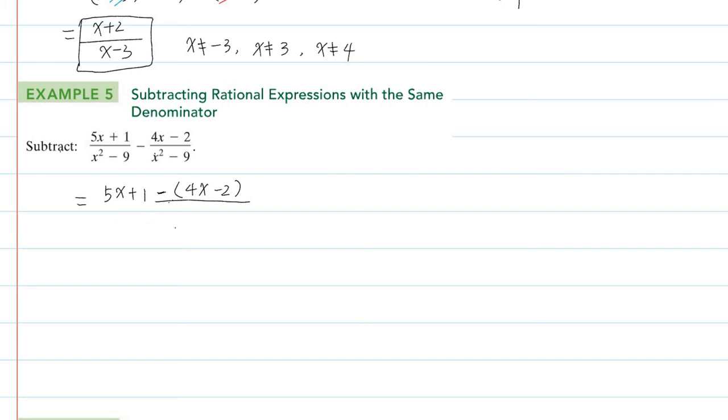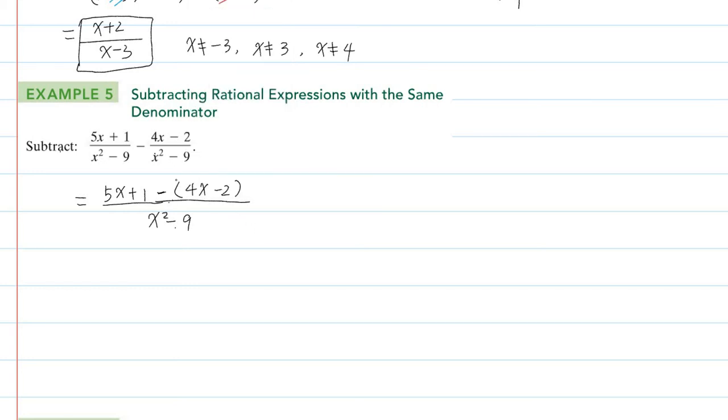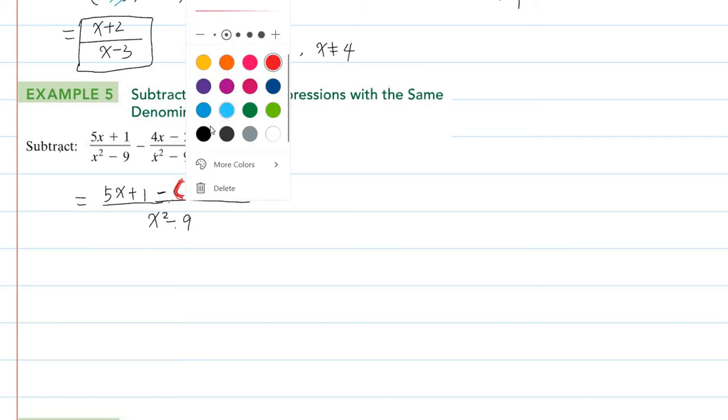Let me rewrite this really quick. However, when you subtract, you must put that parenthesis. Really important. Let me change the color. Parenthesis, I want it to be really red. So be careful on that one, because you really make a mistake if you don't use that parenthesis.